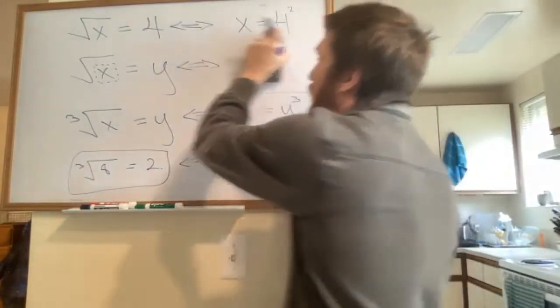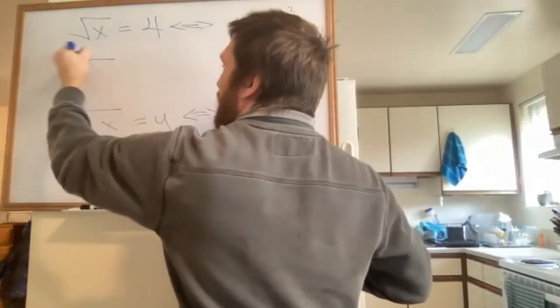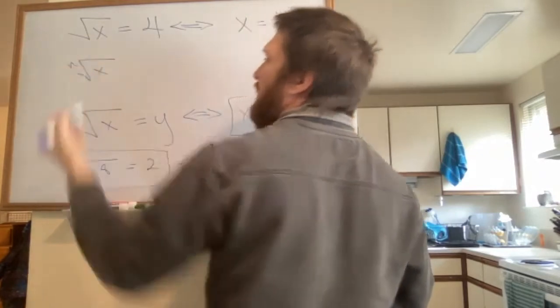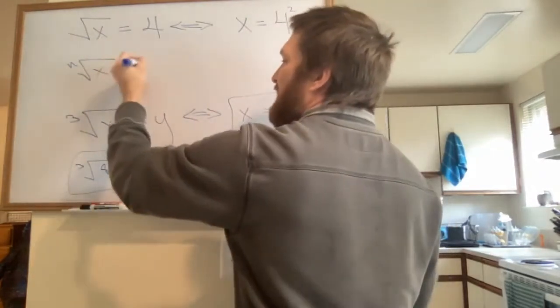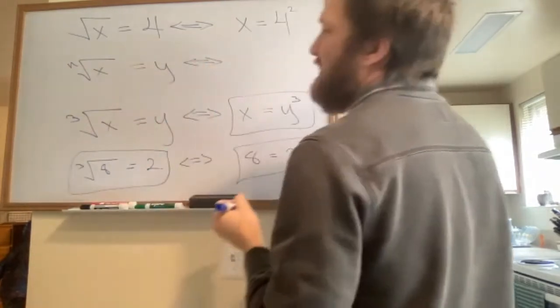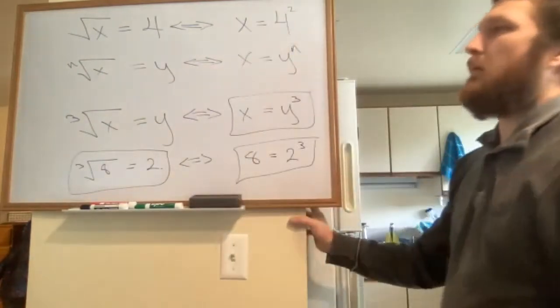And so what I'm getting at is that if you have an equation involving the nth root of some number, and you say that that's equal to some value, it's the exact same thing as saying that X is equal to that to the nth power.